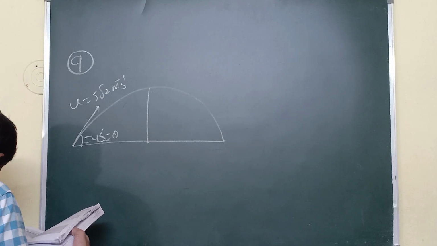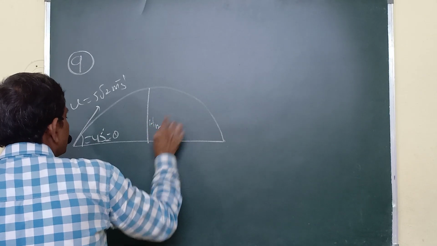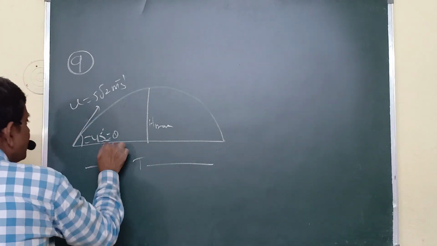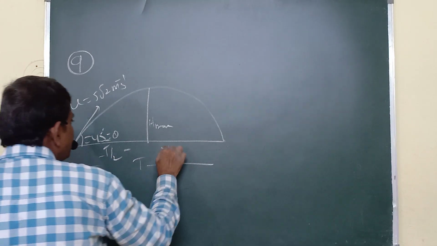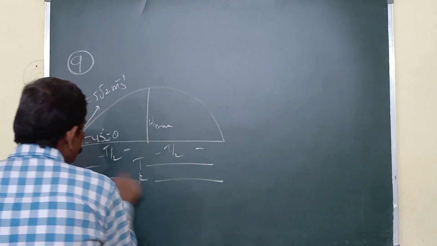At the highest point, this is the maximum height. So this total time is T, this is T by 2, and this is T by 2, and this is the total range.